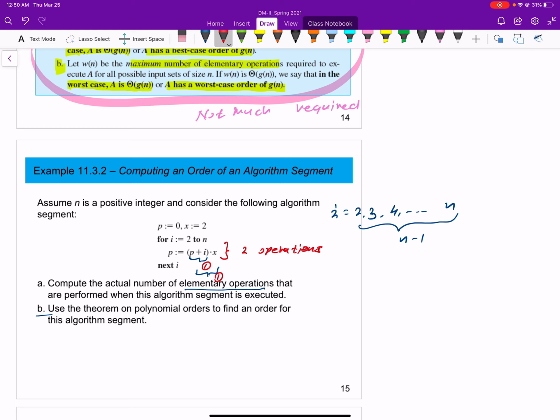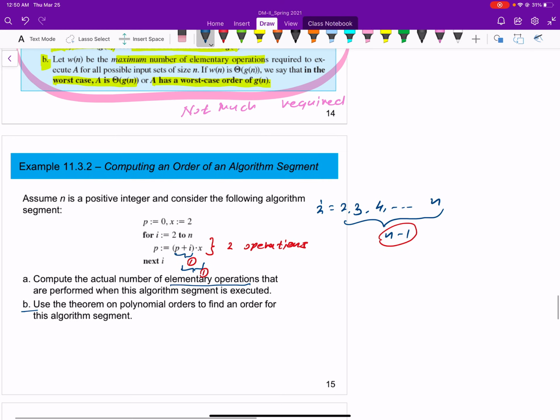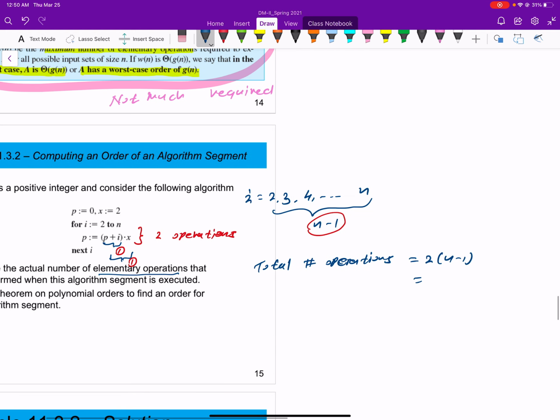So the for loop runs n minus 1 times. So the total number of operations equals 2 times n minus 1. All right, 2 times n minus 1. That means 2n minus 2.